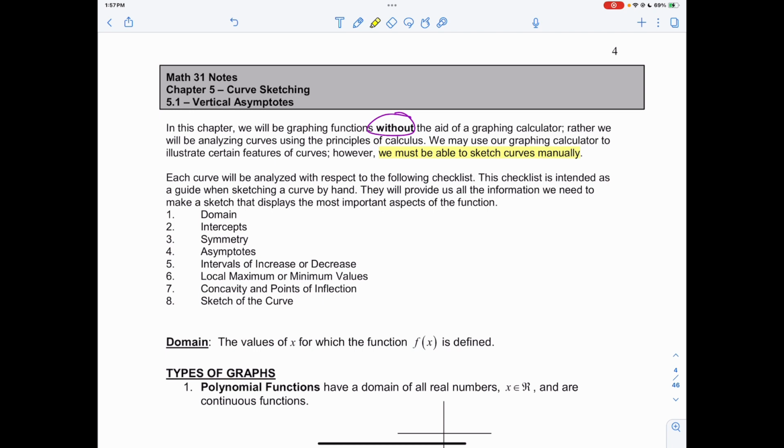Now, we know that the domain, the intercepts, and the asymptotes were all things that we learned how to do in 20-1 and 30-1. We will review it, but we learned how to do it in 20-1 and 30-1. The symmetry we talked about in the last lesson.